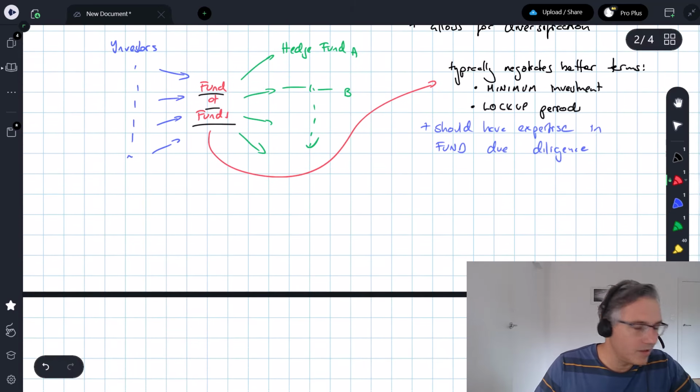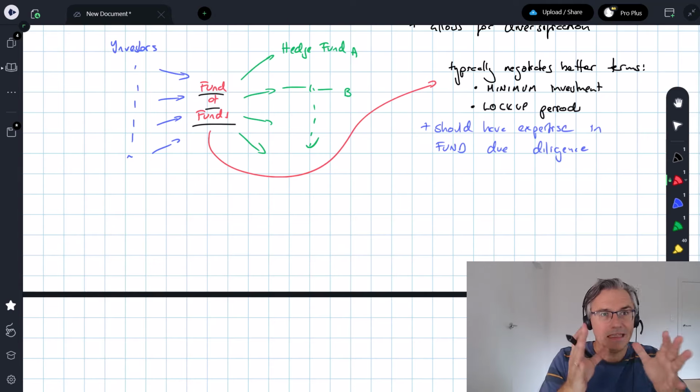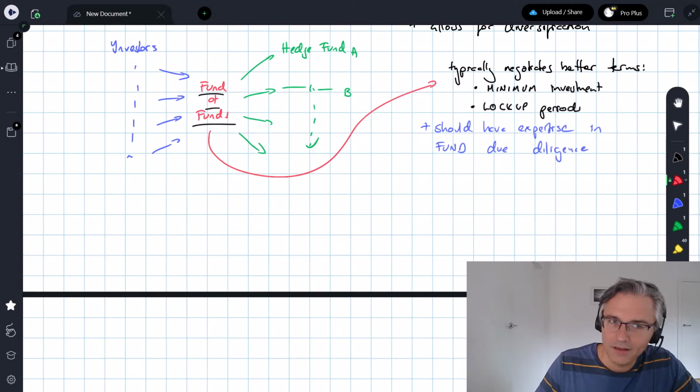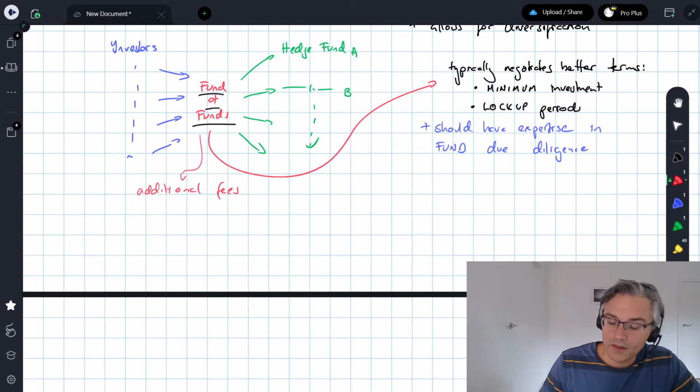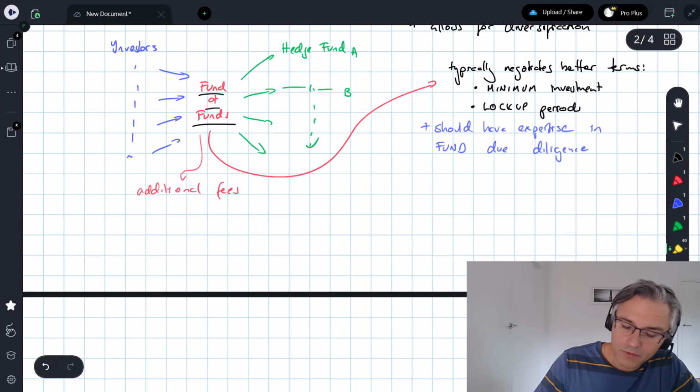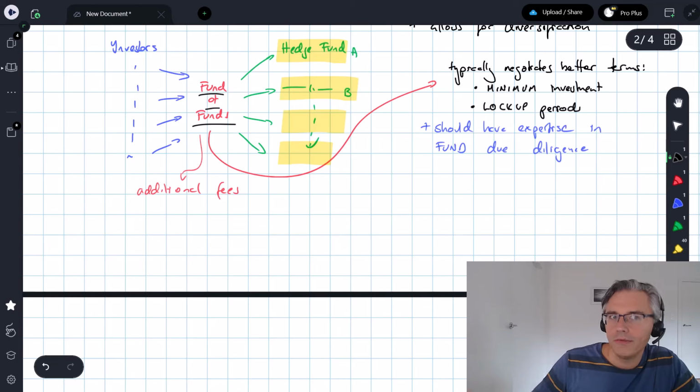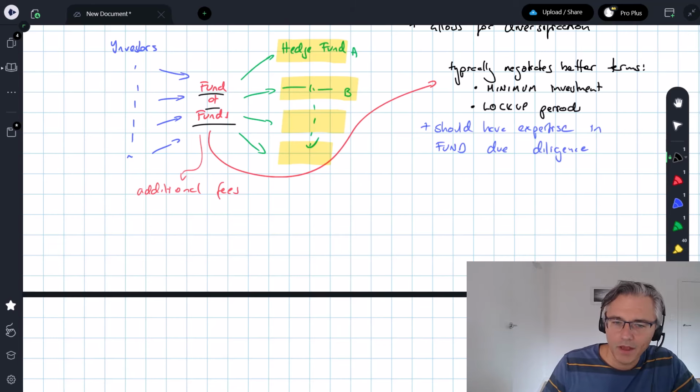Obviously, the flip side is, if you've got an intermediary in the middle, that's going to add an additional layer of fees. That's unavoidable. These are on top of the fees which will nevertheless still be charged by the ultimate hedge funds who are doing the investing.